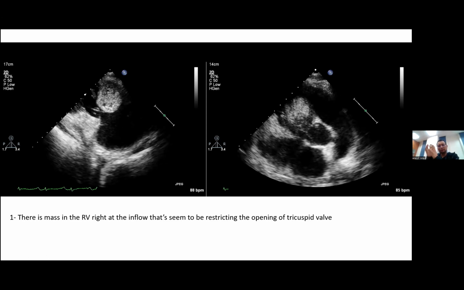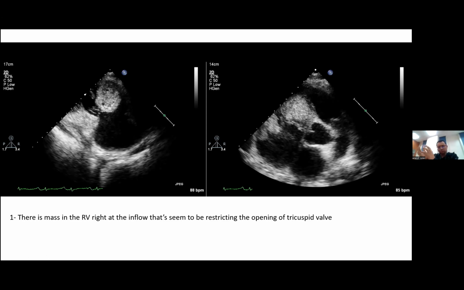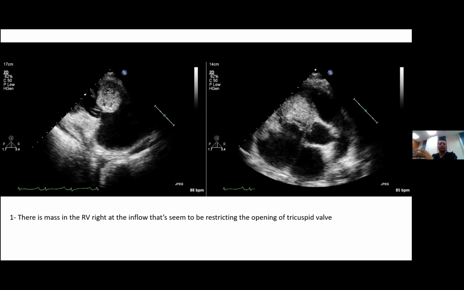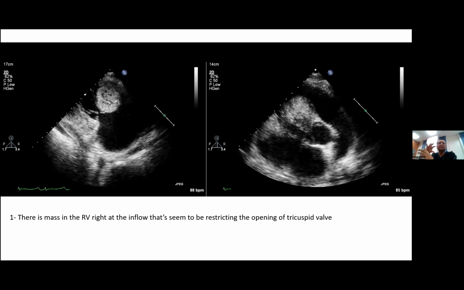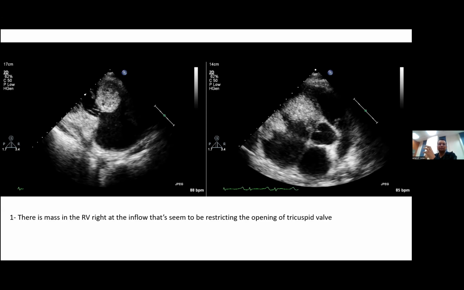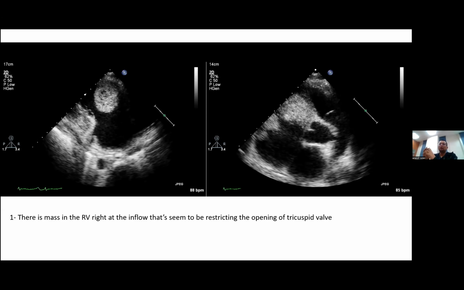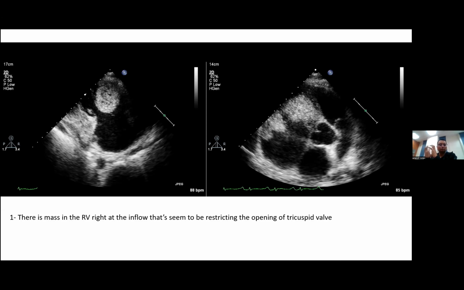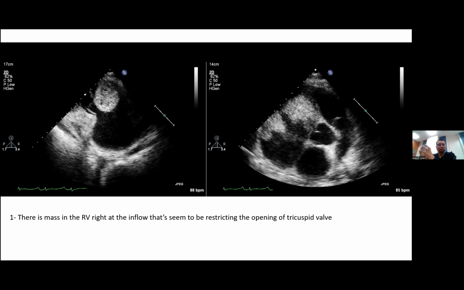If you see a mass in the left atrium, most of the time, not always, it is left atrial myxoma, even though it is still possible for a mass in the left atrium to be undifferentiated pleomorphic sarcoma or another type of sarcoma, but normally it is myxoma.